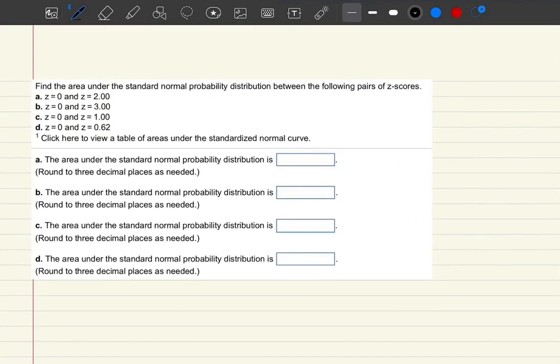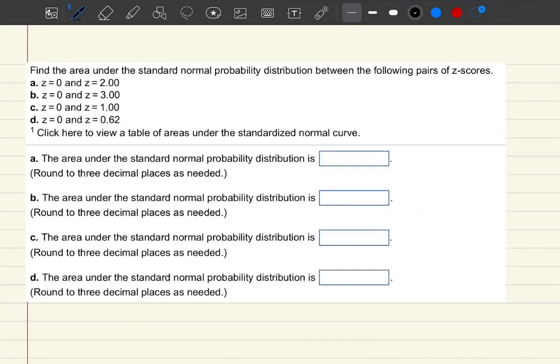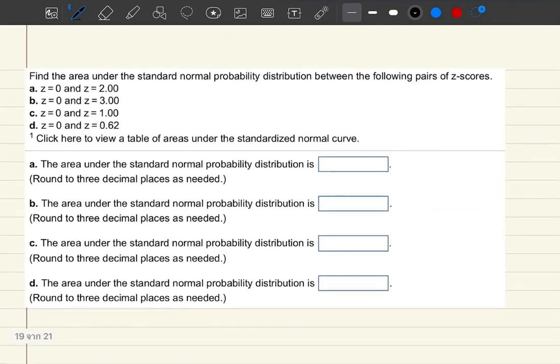For this video, I will go through some of the assignments. Let's start with the first one. Find the area under the standard normal probability distribution between the following pairs of z-score. To find the area under the curve, we have to know the z-score.